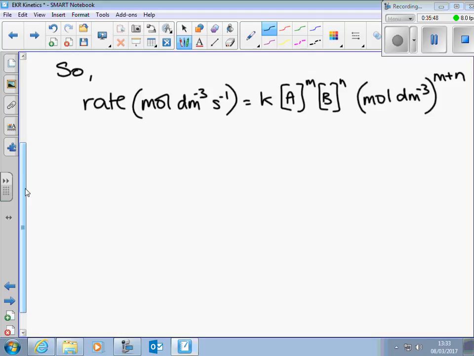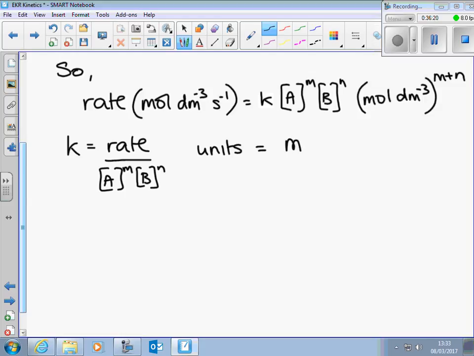Right, if we rearrange what we've got there, this is requiring your algebra as well. K, therefore, is going to be the rate divided by A to the M, B to the N. If we rearrange that simple version of it, not putting the units in yet, the units are, on the top, moles per decimeter cubed per second, and then on the bottom, we've got that bit over there.